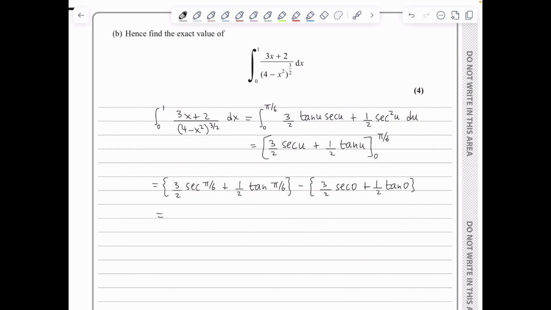We're looking at root 3 plus root 3 over 6 minus 3 over 2. The 3 over 2 is the 3 over 2 sec of 0. The half tan 0 is simply 0. So if I simplify all of these, we get 7 root 3 over 6 minus 3 over 2.